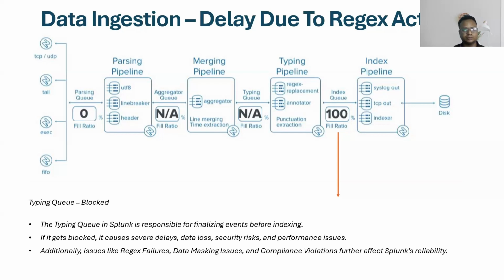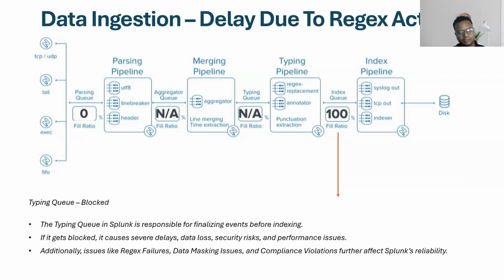It tracks down the characters we have mentioned in our regex, and based on our regex it operates. So if we have an inefficient regex, it might take more time than expected. It might use more CPU and memory than expected, and it might block the typing pipeline.